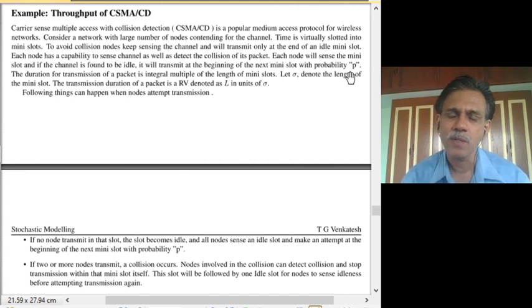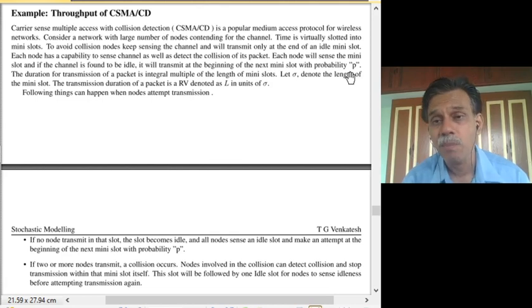And this transmission will go smoothly until it gets completed. As soon as it gets completed, it will stop the transmission. Then there will be one mini slot where all nodes will find the channel idle again, and at the end of that mini slot they will attempt a transmission. So this is how a successful transmission comes.